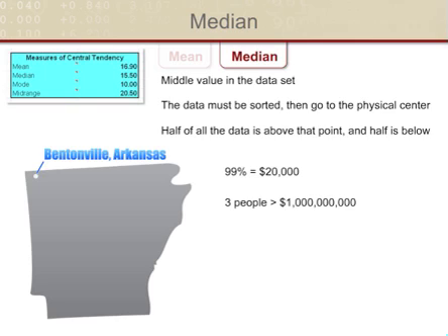While the mean of $1 million makes it look like, my God, I can get rich if I were to live there. So the outliers do not affect the median since it's the physical center. I don't care that there's a billionaire in the group. All that matters is that of the 1,000 people, the 500th person makes this amount. So outliers have no impact on it. Great statistic overall for that reason.